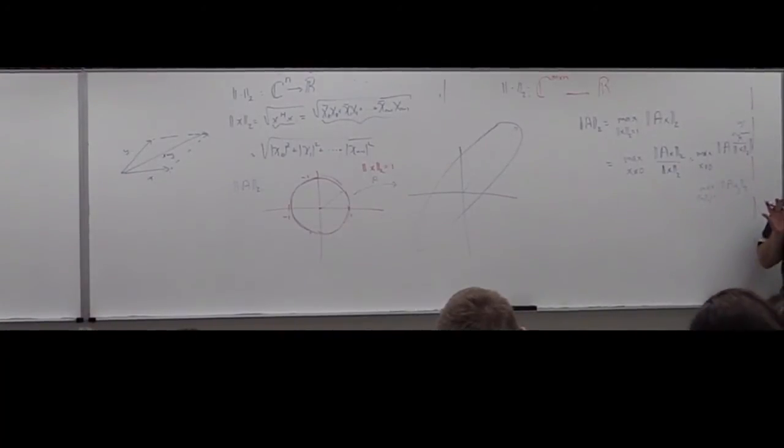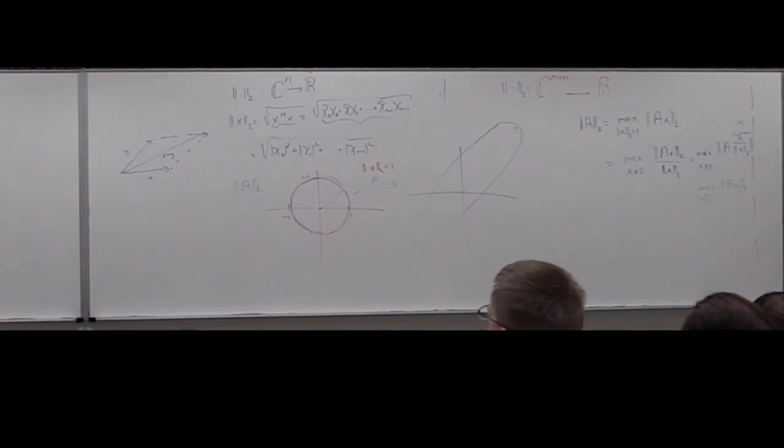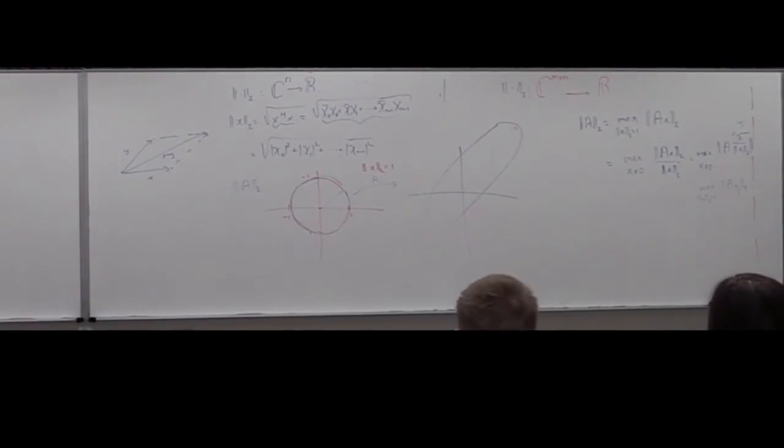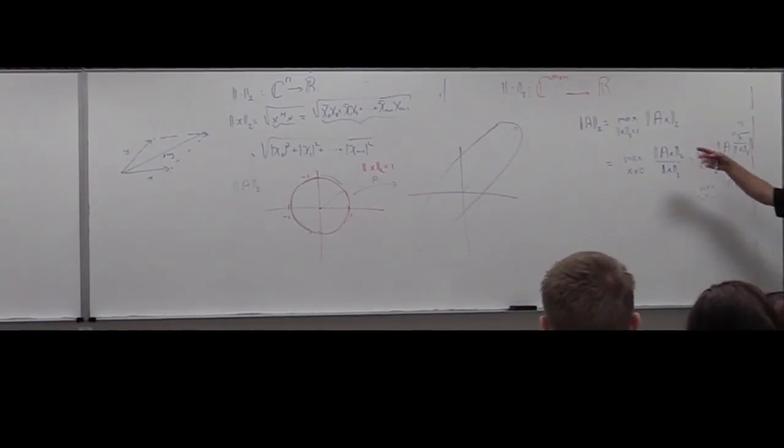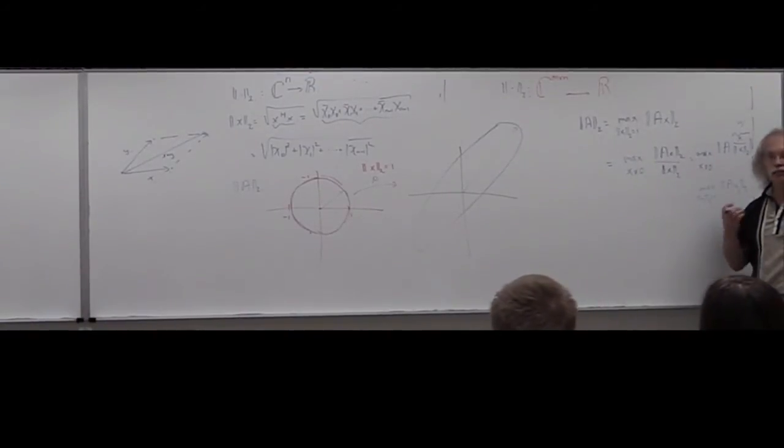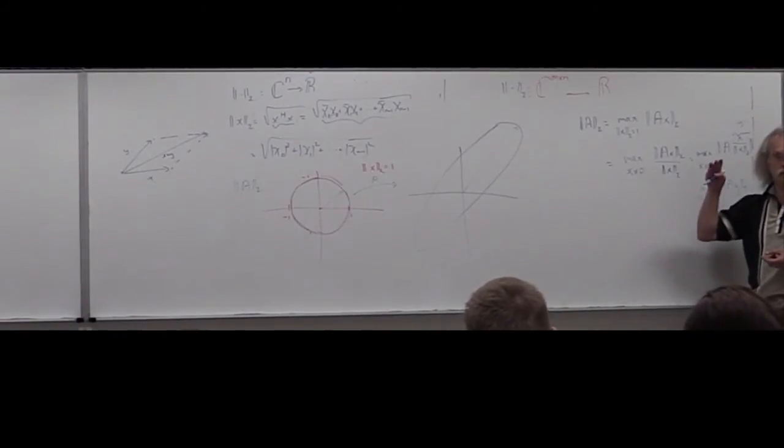You sort of kind of with me? So strictly speaking, you should start by saying it's really the supremum, which means that it's a bound that you can get arbitrarily close to.